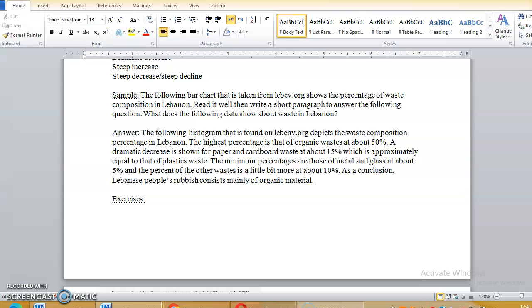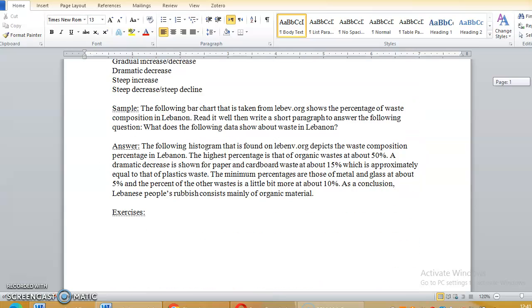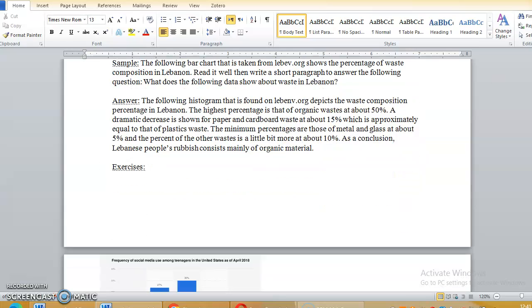So first of all, I started with the topic sentence or the main idea of the graph. The following histogram that is found on this website depicts, instead of shows, I used the meaning, the waste composition percentage in Lebanon. The highest percentage is that of organic wastes at about 50%. Here we don't have a past year, it's about now, so I'm using simple present.